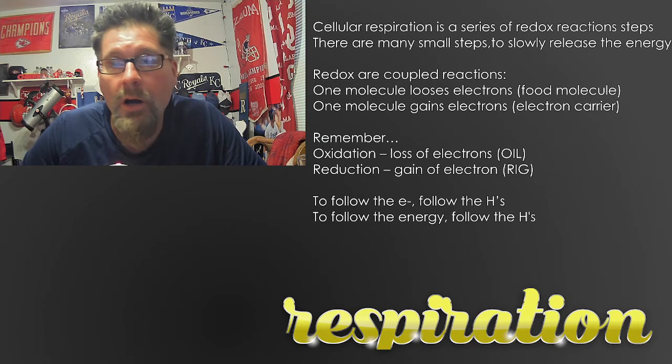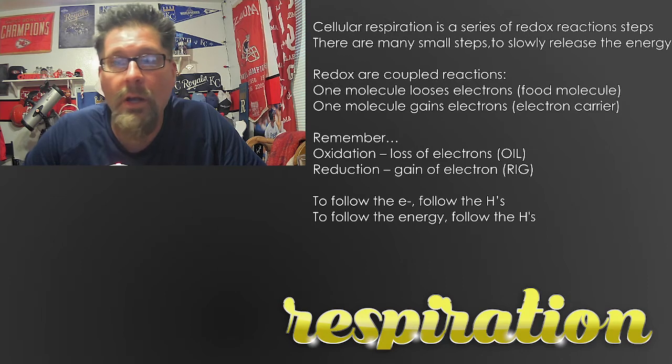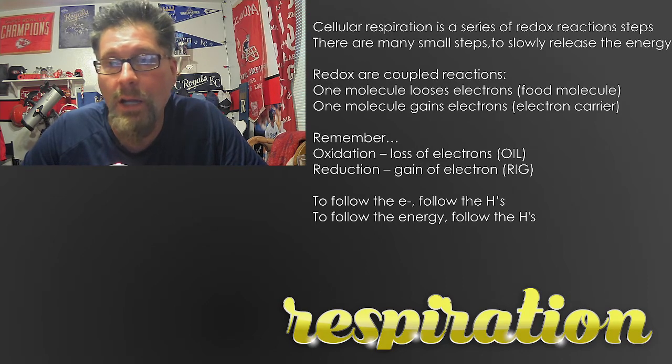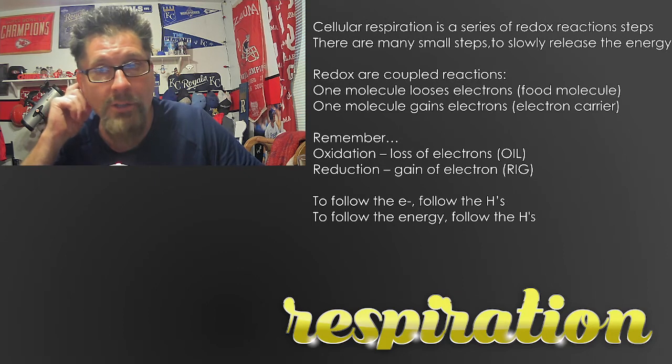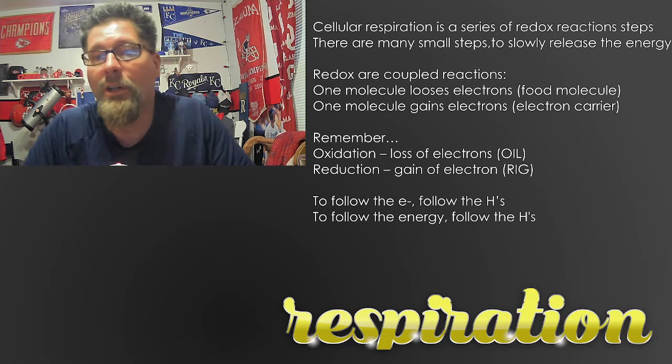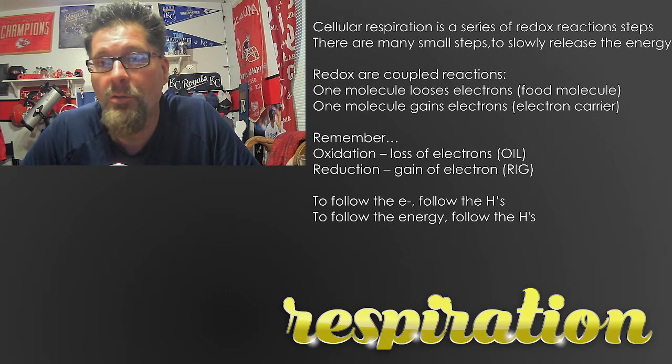But remember, our oil rig: oxidation is the loss of an electron, oxidation, loss, oil, and reduction, gain, electron, rig, oil rig. So oxidation loses, reduction gains, and its energy value is what's being reduced.